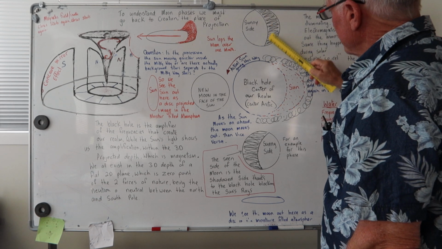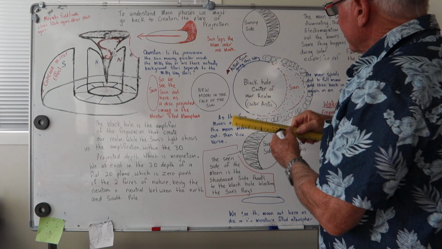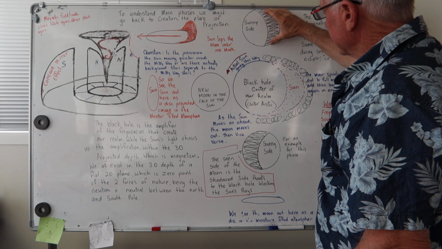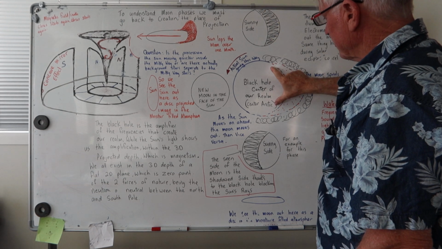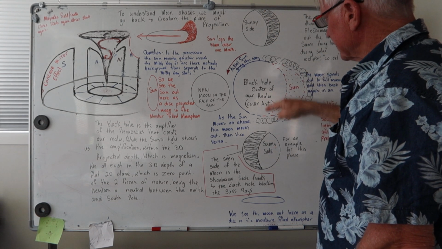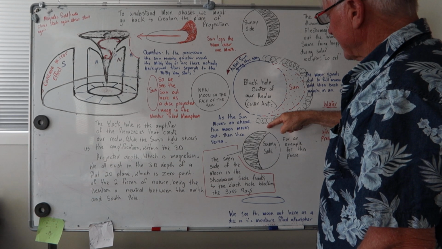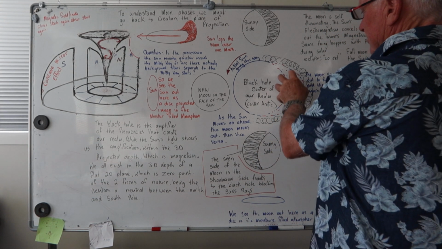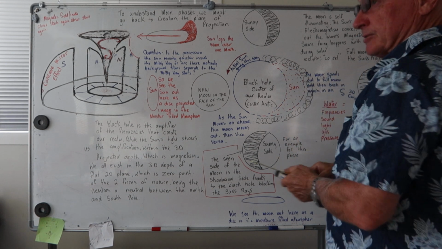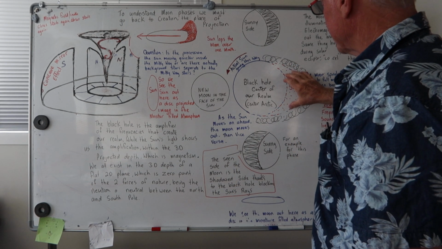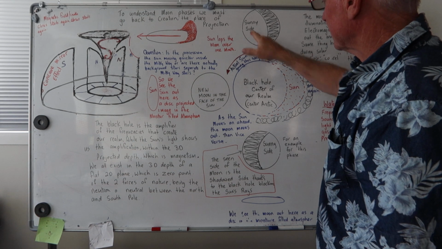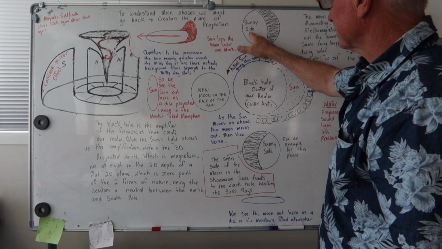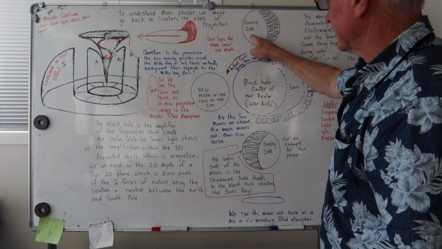So this part of the moon here is self-illuminating because it's the shadow of the black hole via the sun. Okay? So you've got to imagine, it's hard for me to explain everything. So wherever the sun is, and its direction is phased out the moon, you can't see it.